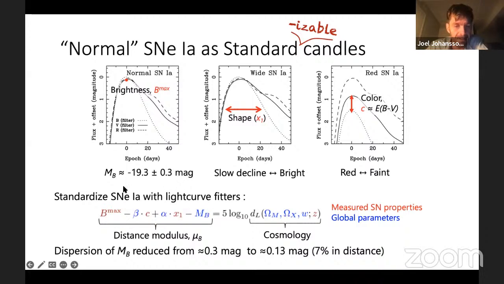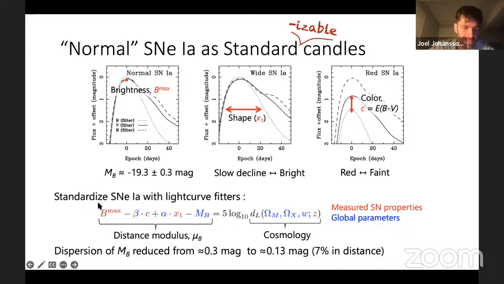It's a rather simple idea that really has been sticking around since the 90s. And in some sense, you have to remember that it was physicists, and not so much astronomers, that came up with this standardizable form of correcting for the light curve shapes and colors.